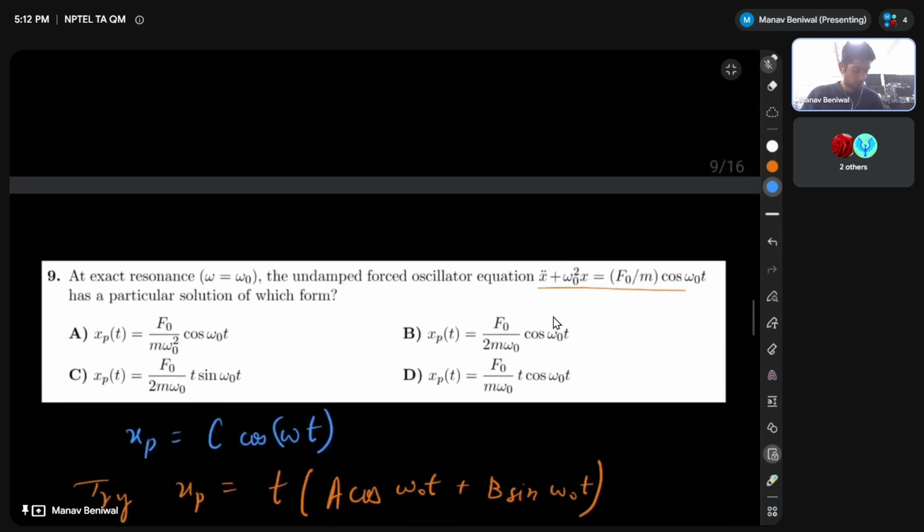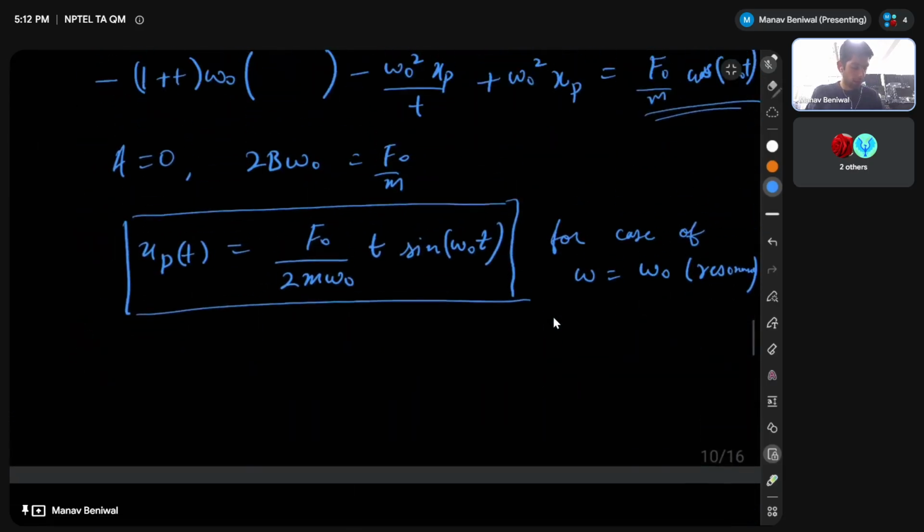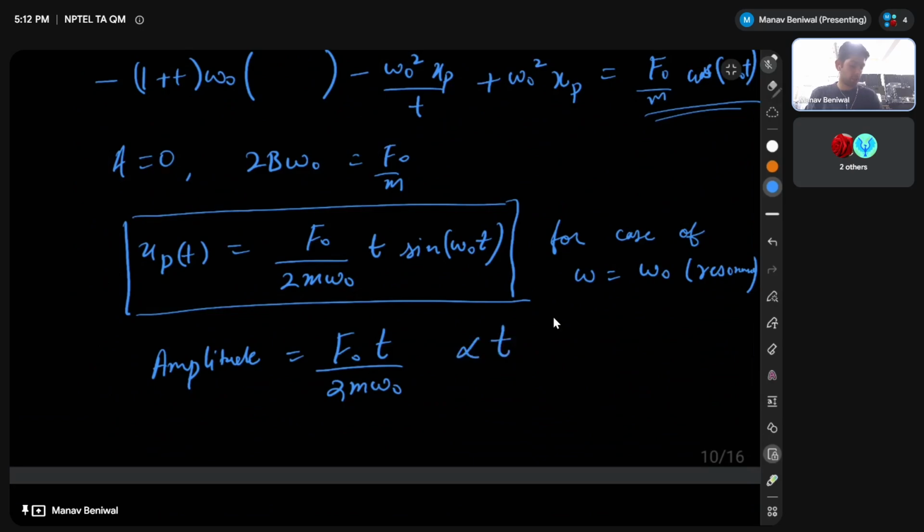Now if we look at the options, it matches with option C. One thing to note is the amplitude that we are getting, f naught t over 2m omega naught, is directly proportional to t.